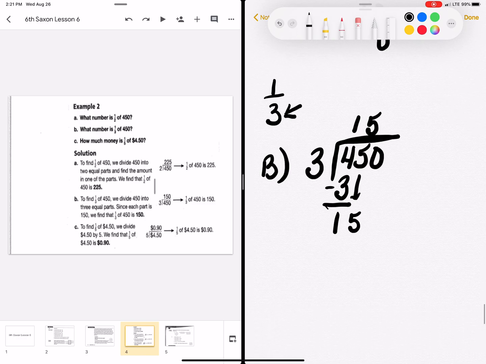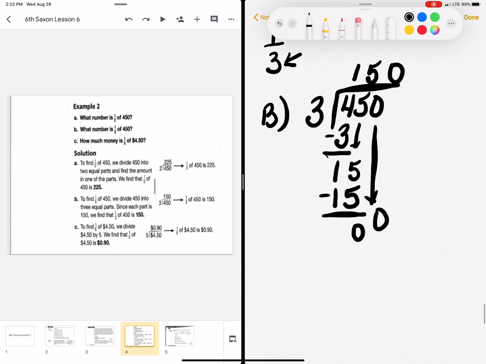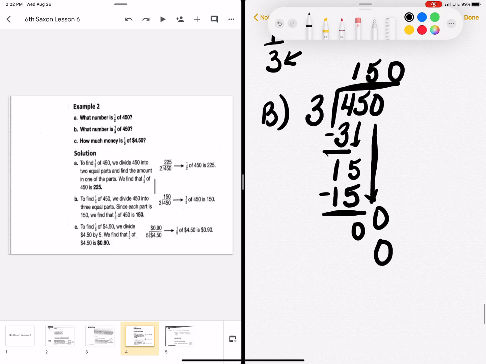We're close to it. And we get 5 times 3 is 15. Bring down a 0. 15 minus 15 was 0, sorry. How many 3's are in 0? That is 0. 0 times 3 is 0. Subtract, and that is 0. So 1/3 of 450 is 150.